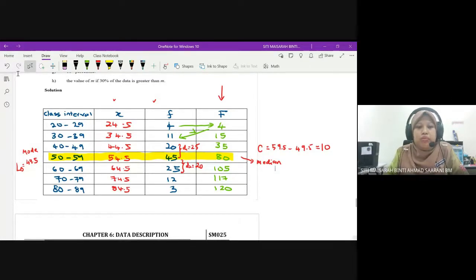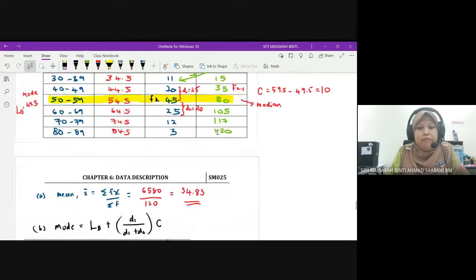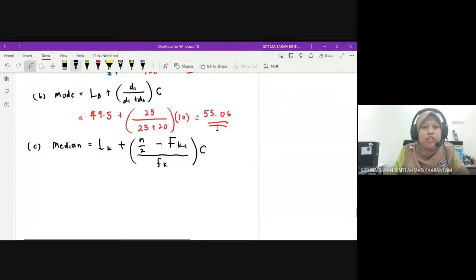So LK is 49.5. And the cumulative frequency before, FK minus 1, is 35. And the frequency FK is 45. So then we substitute.